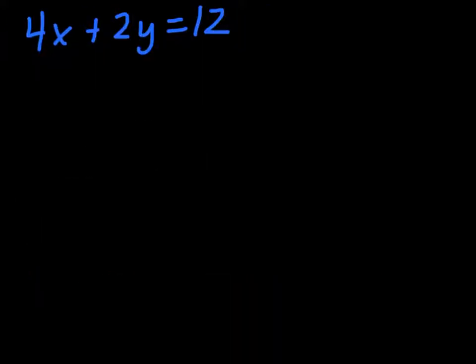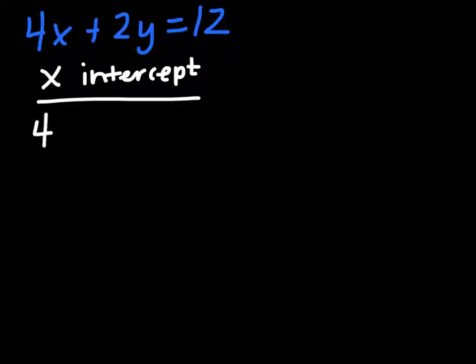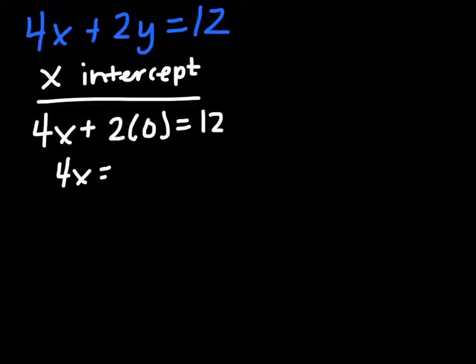Let's begin by finding our x-intercept. We'll find that by simply replacing the y with 0 and solving for x, which gives us an x value of 3. So the coordinates for our x-intercept will be 3, 0.